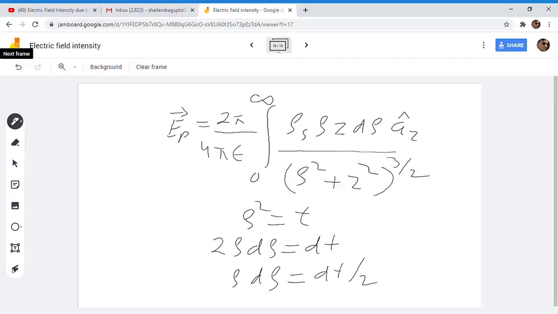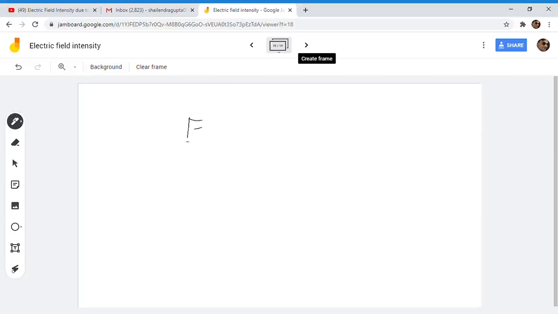For rho equal to 0, t will also be 0, and for rho equal to infinity, t will also be infinity, since infinity squared is infinity. So we will change the limits and write our dE.